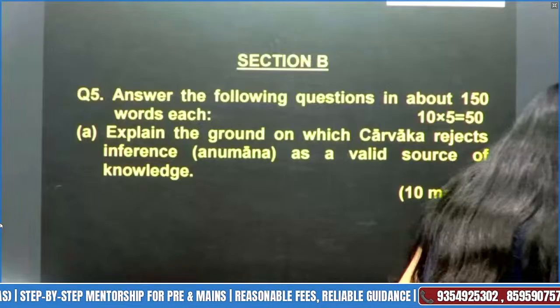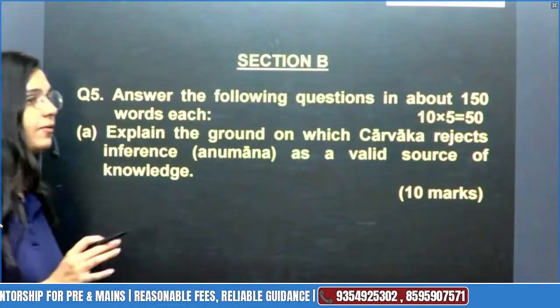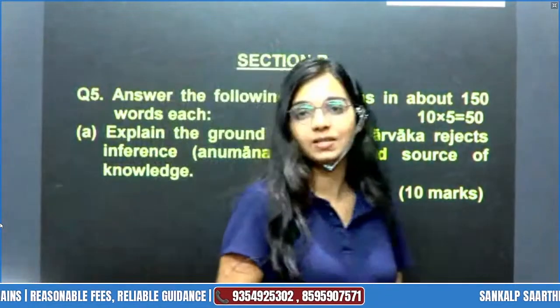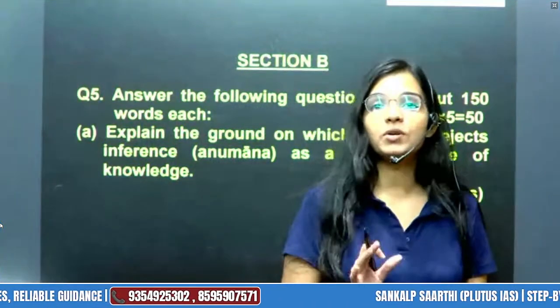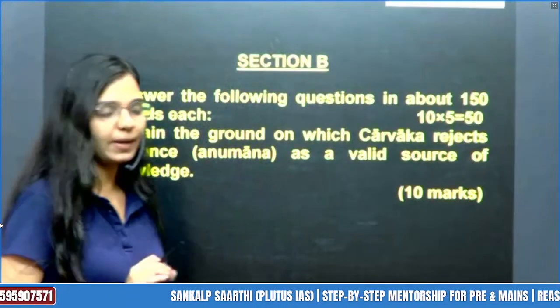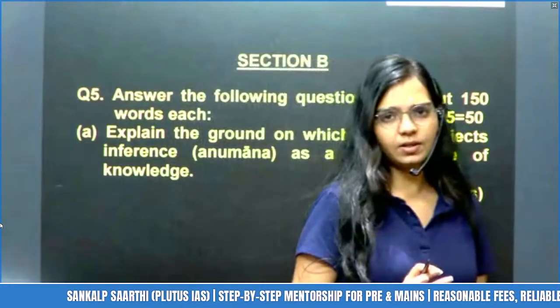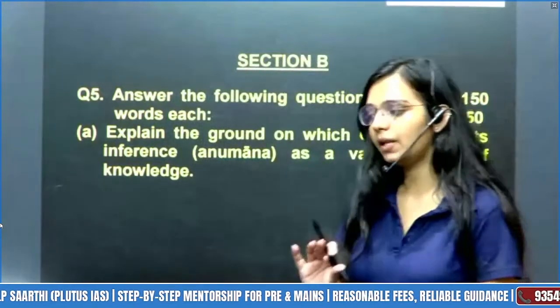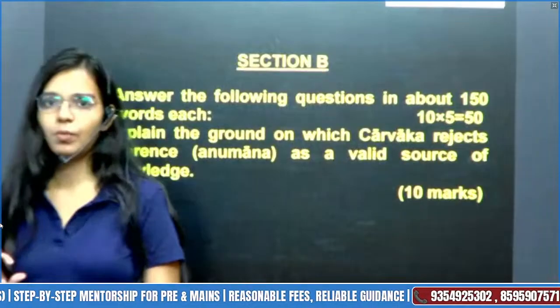So, first of all, let's talk about Indian philosophy. Indian philosophy has many Sanskrit words, and people feel problems in that only. As I said, I'll be sharing the PDF, which will hold most of the keywords and most of the Sanskrit words, explained in Hindi and English both.